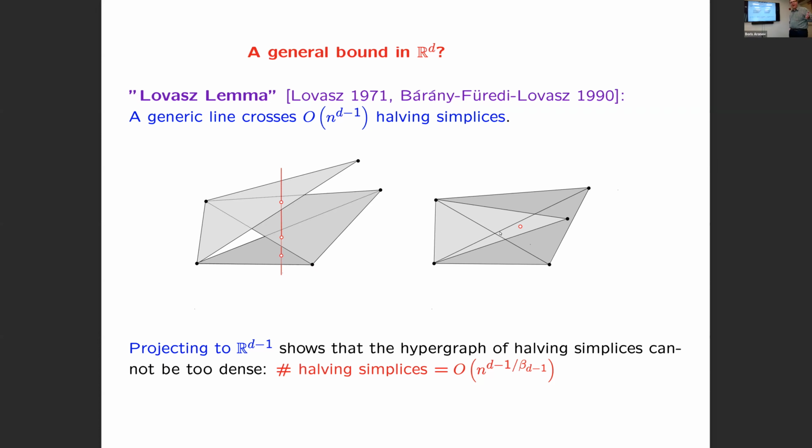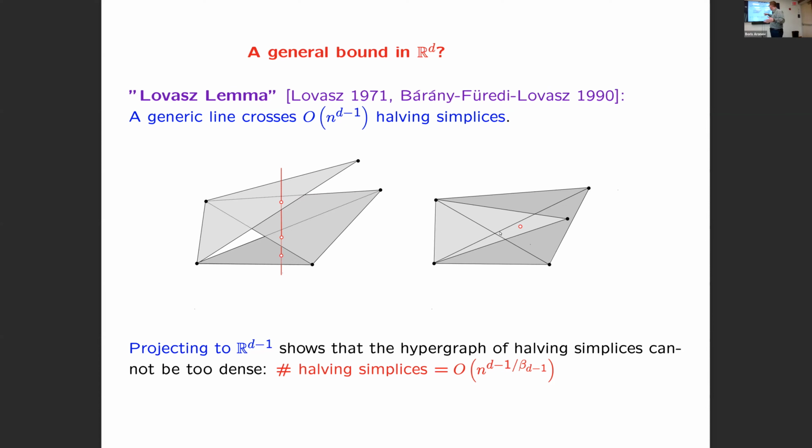And if we project this hypergraph of halving simplices one dimension down, it follows that it does not contain a too deep point. So there is no line crossing more than this amount of simplices in dimension d minus 1.